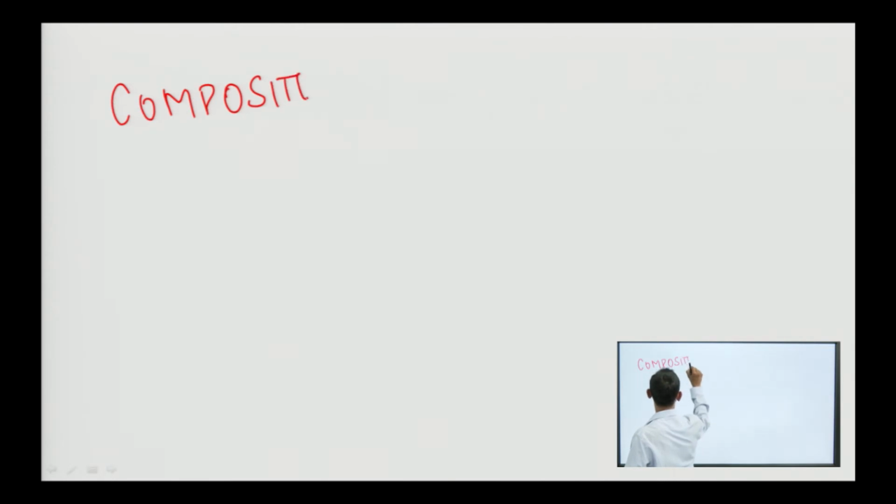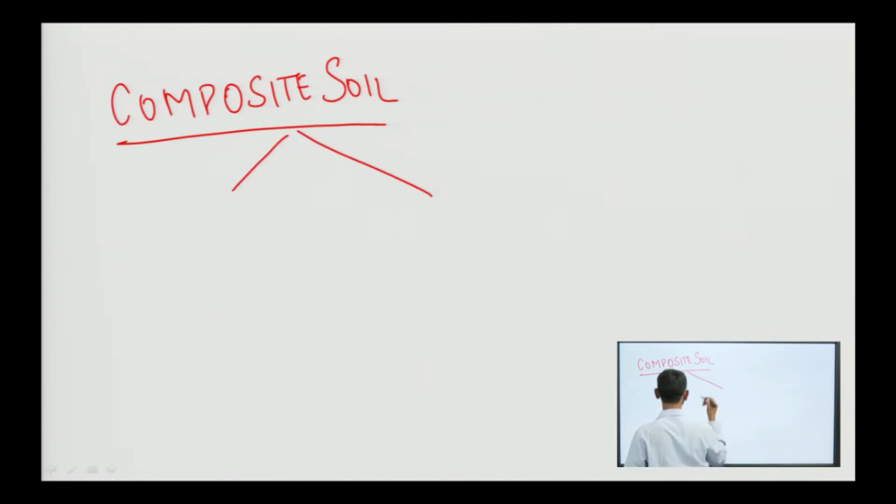it can have two types, coarse grained and fine grained. If coarse grained particles are more, or if fine grained particles are more than coarse grained in a particular soil, what happens?